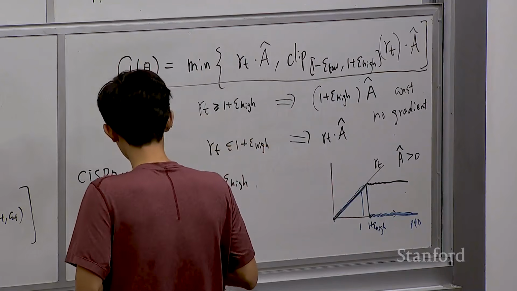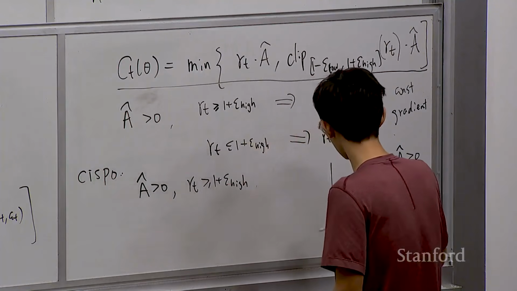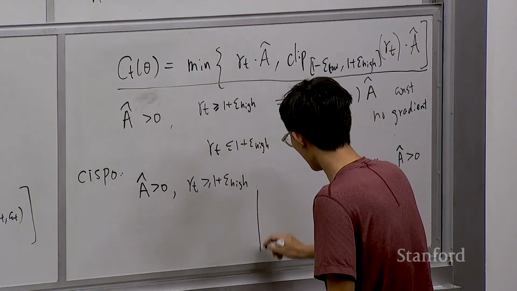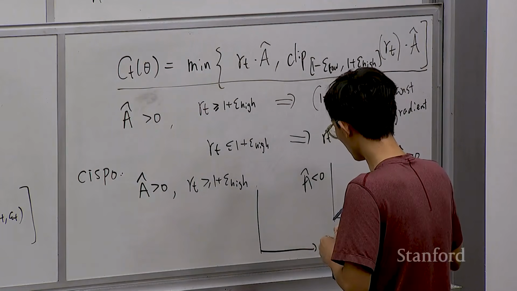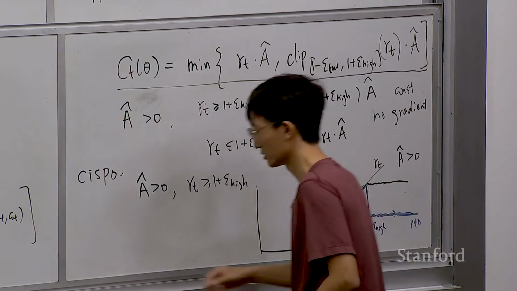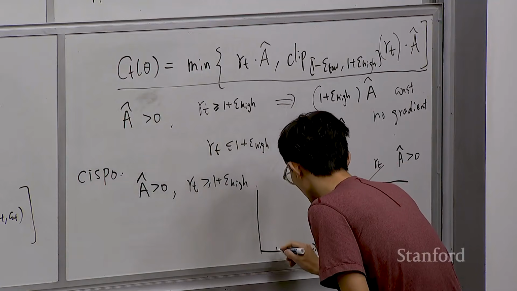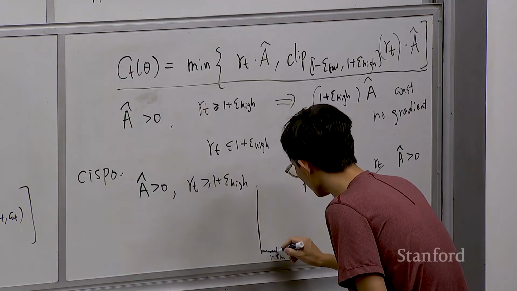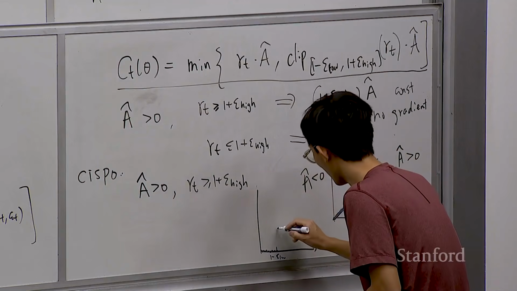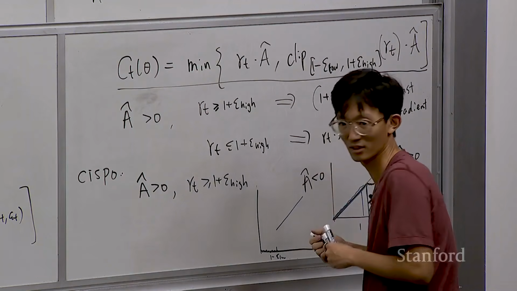And then the second change, I guess I should just visualize it. On the other side, when A hat is less than 0, what is PPO? PPO is saying if it's less than 1 minus epsilon low, I'm going to zero it out, no gradient whatsoever. And after that, I'm going to take linear, the standard thing.